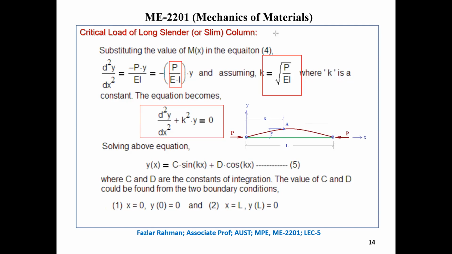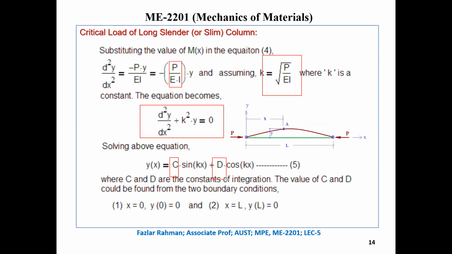So we are just taking the solution, not solving the total differential equation. The solution will be y(x) equals C1 into sin kx plus C2 into cos kx. But instead of C1 and C2, we just put two constants C and D.